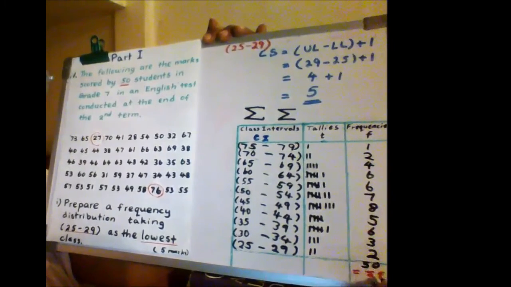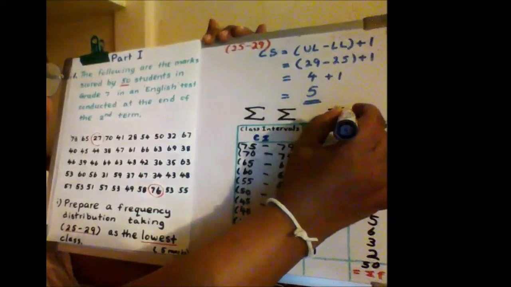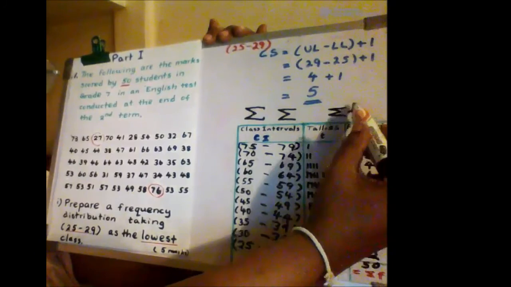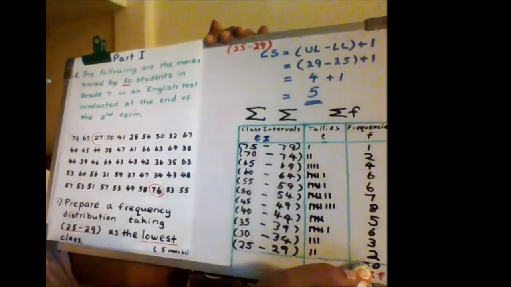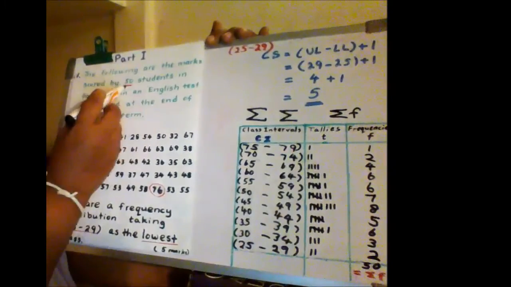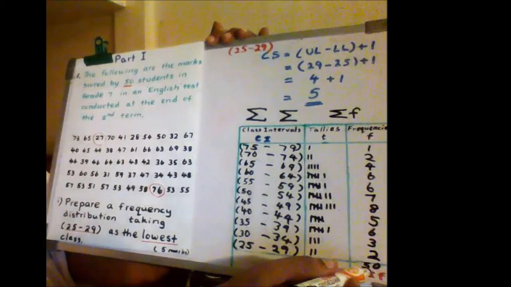Summation F means the total of F's, all the F values, frequencies, total of, right? So here the total is 50. You have to get this number. Here there are 50 students. So here also you'll have to get the number 50.